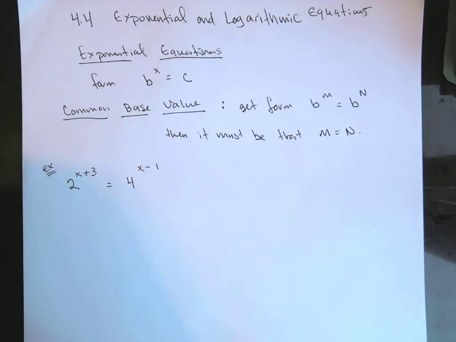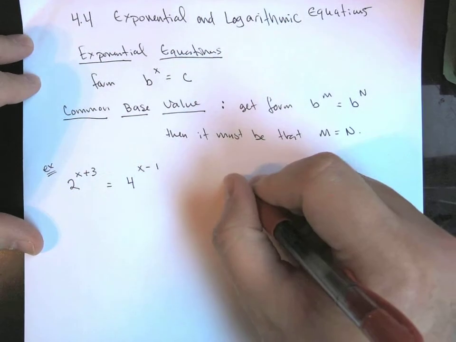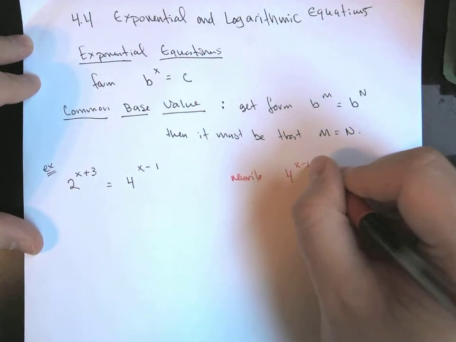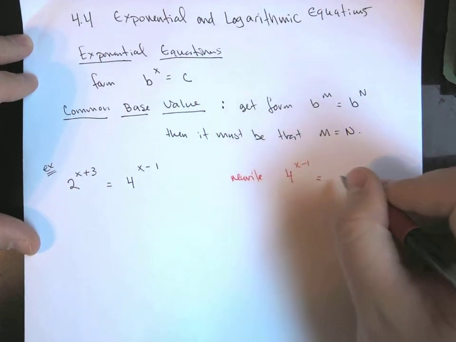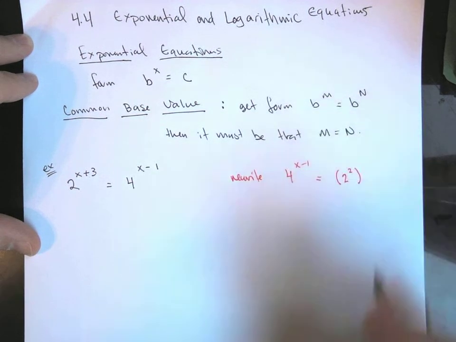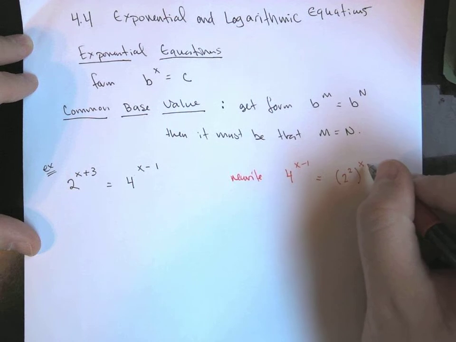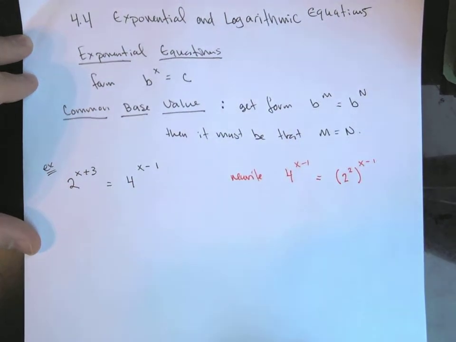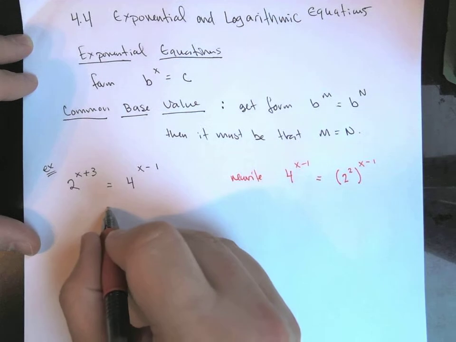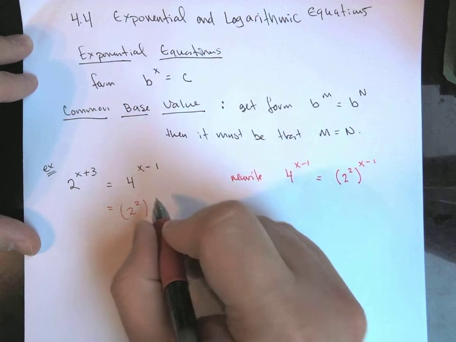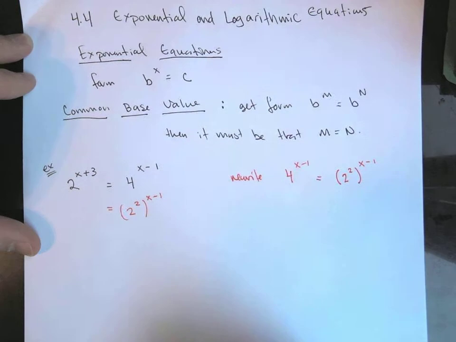We're going to try to rewrite 4 to the x minus 1 as a power of 2. The way this works is, 4 itself would be 2 squared, 2 to the 2 is 4. So you're replacing the 4 with 2 squared, and then that gets raised to the x minus 1. So this is like 2 squared raised to the x minus 1.